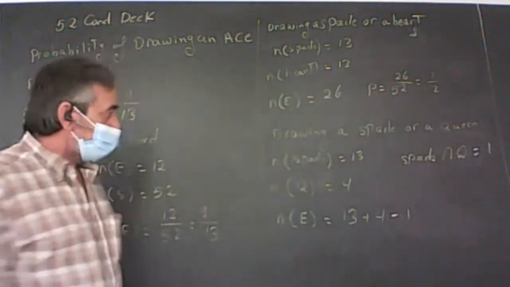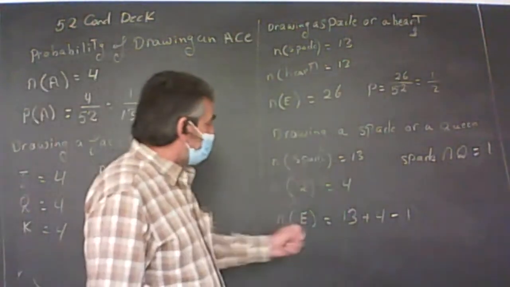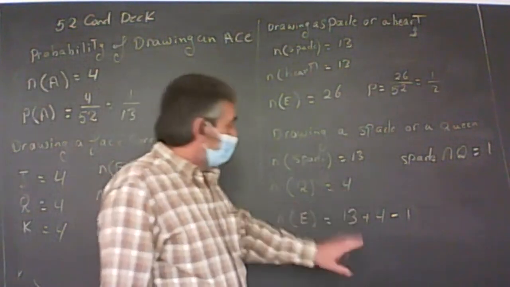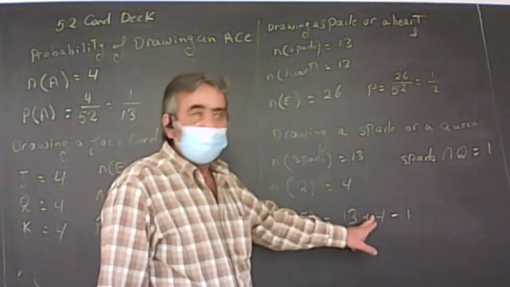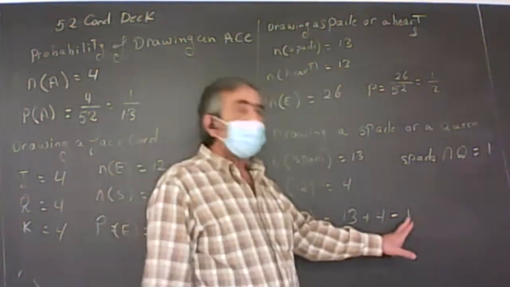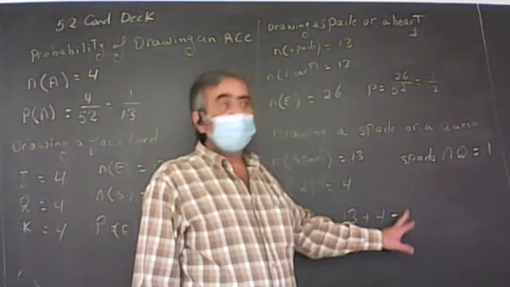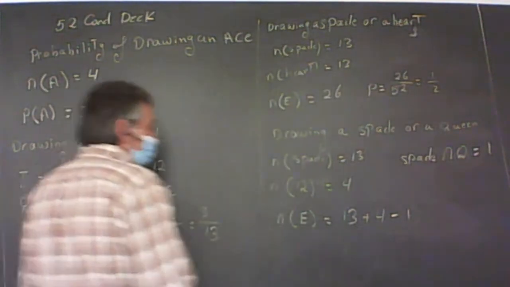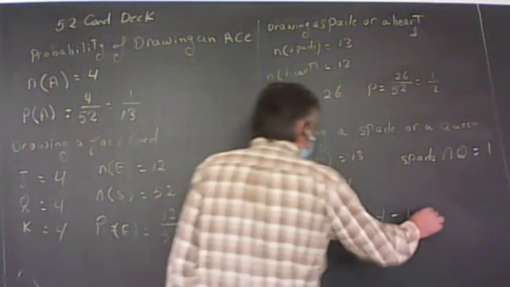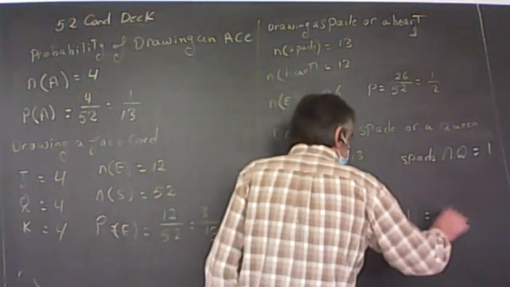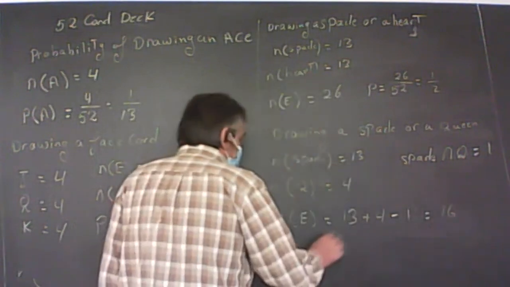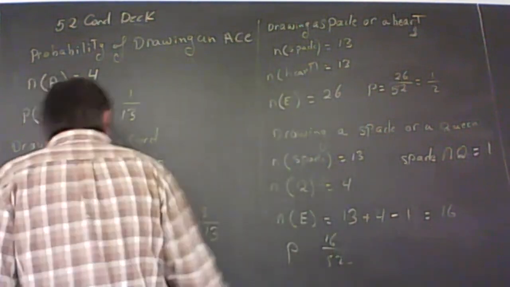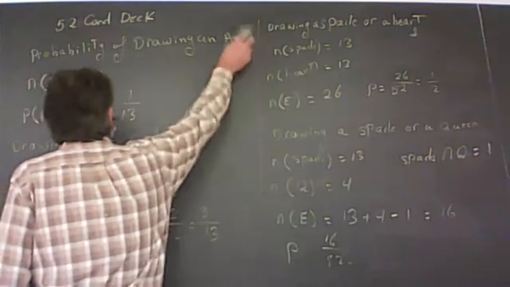So now, when I look at this set, it would be the elements in set 1 plus the elements in set 2, right? Minus the intersection between them. Yes? So this is going to equal 16, and then the probability is 16 over 52.